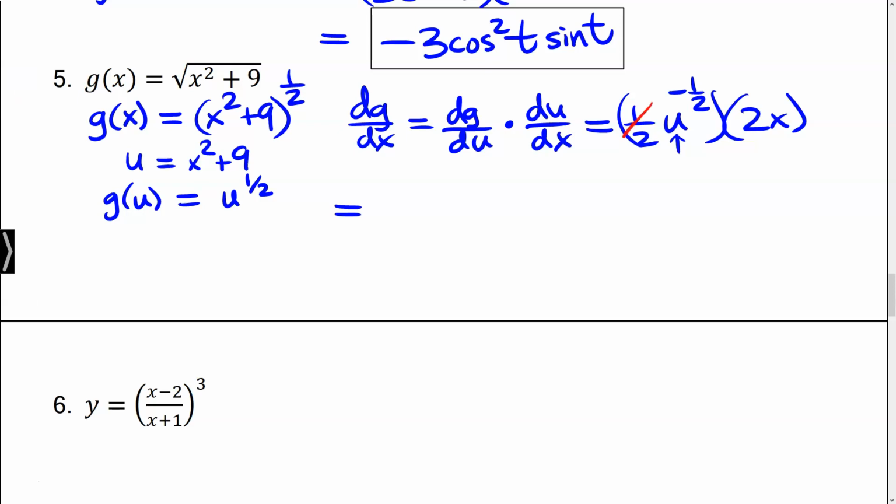Also, notice the 1/2 and 2 cancel. So what I end up with is 1 over the square root of x squared plus 9, but I still have an x on top. So I've got x over the square root of x squared plus 9. So that is the derivative here.